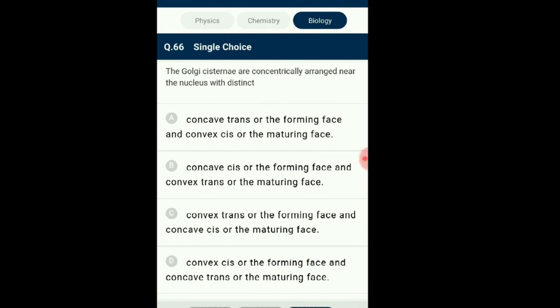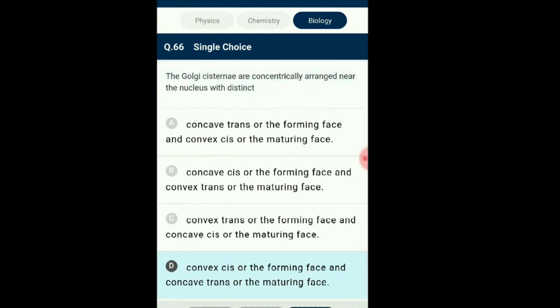The Golgi cisternae are concentrically arranged near the nucleus with distinct convex cis or the forming phase and concave trans or the maturing phase. The cis and trans phases of the organelle are entirely different but interconnected. So the answer for this question is option D. Convex cis or the forming phase and concave trans or the maturing phase.